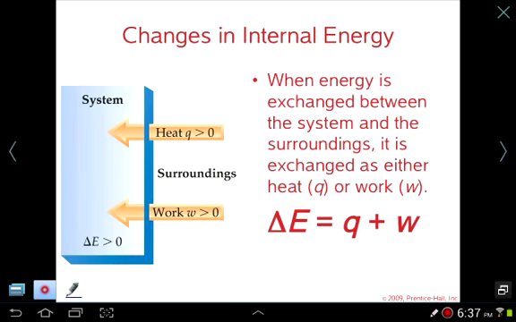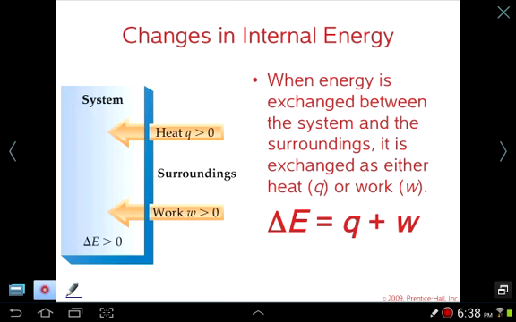Because we said that energy, in our case, chemical reactions, can release and exchange energy in two ways, through work and through heat, we're going to give an equation here now. For heat, we've decided to use the small letter q, which is a bit strange, but we kind of ran out of letters. And for work, we're going to use w.